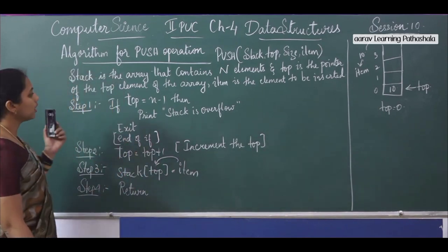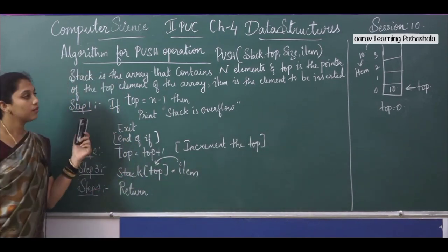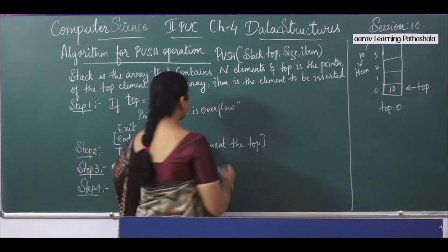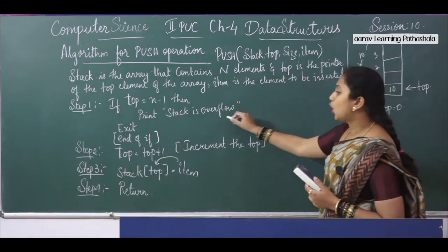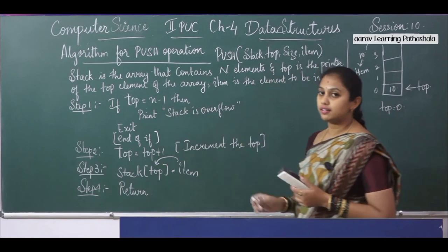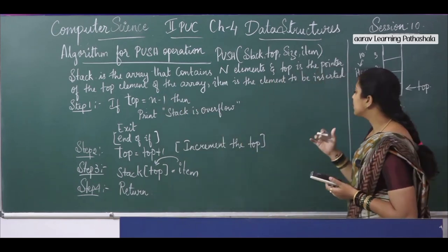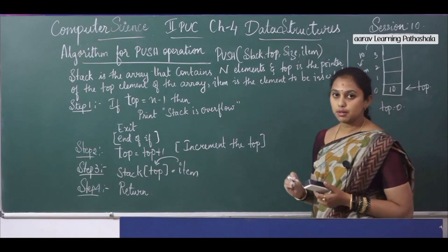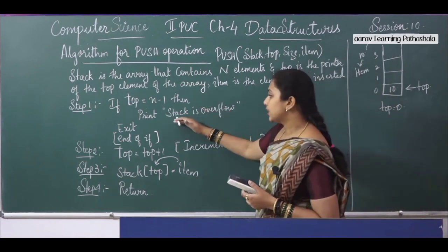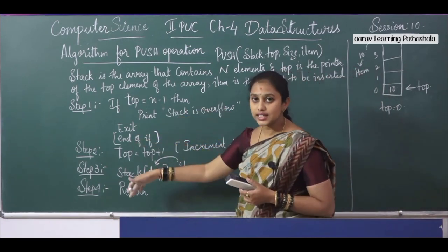So while performing push operation, what we have to do? First we have to check for overflow condition. If top is equal to n-1, that is if the stack is full, we cannot insert an item into the stack. So in that case we are exiting.